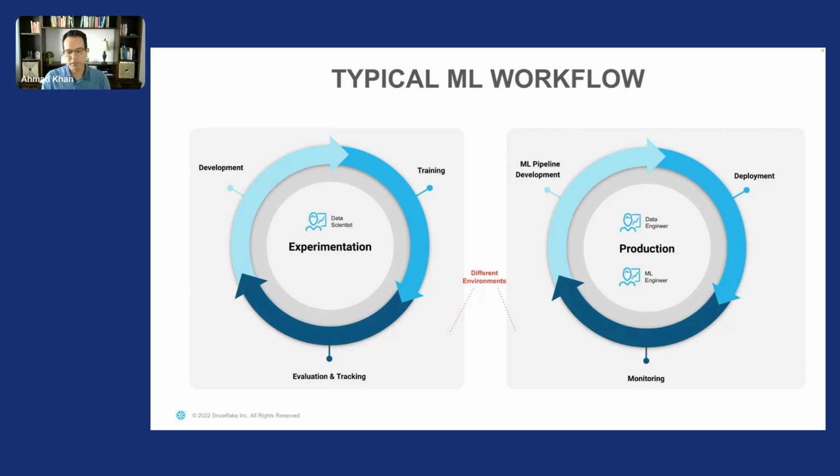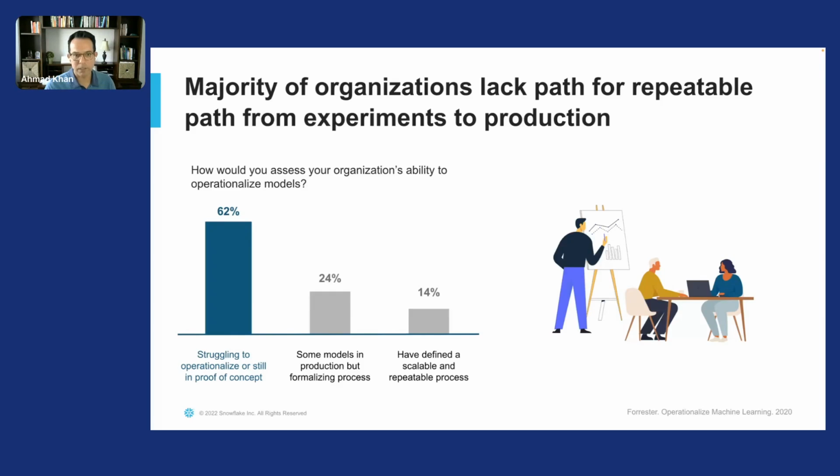And then the production teams might be leveraging a totally different single source of truth or data warehouse or data lake, and a totally different compute and infrastructure for deploying models into production. This is where organizations get stuck. This is why the handoff from experimentation to production is so challenging: not only are the teams different, but they're working in different environments as well.